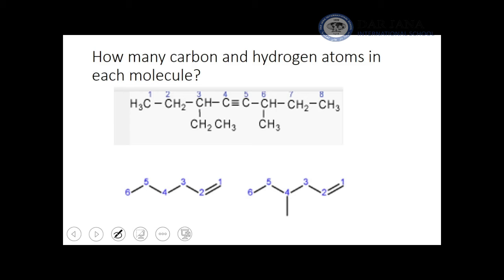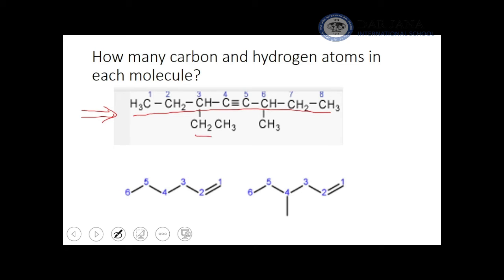Let's answer this question. How many carbon and hydrogen atoms in each molecule? In the first molecule, first of all, let's count the number of carbon atoms. In the parent chain, there are 8 carbon atoms.